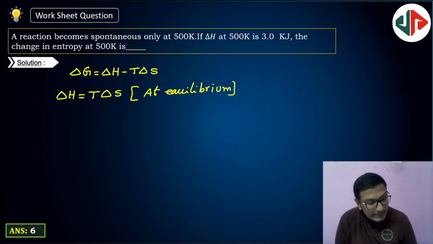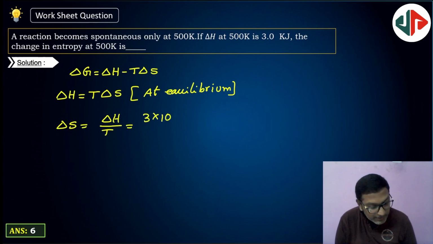Therefore delta H equals T delta S. Therefore, change in entropy equals delta H by T. Delta H is given as 3 kilojoules, kilo means 10 cube, by 500. So which is 3000 by 500, 6.